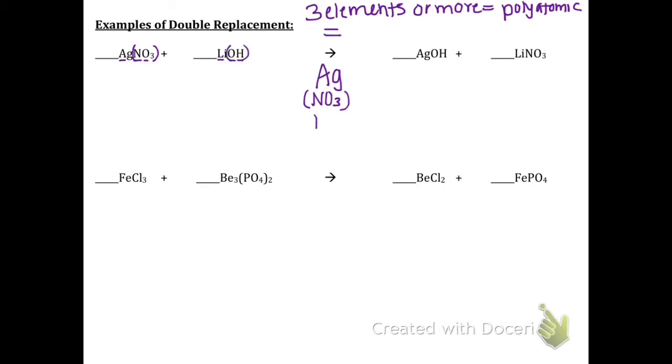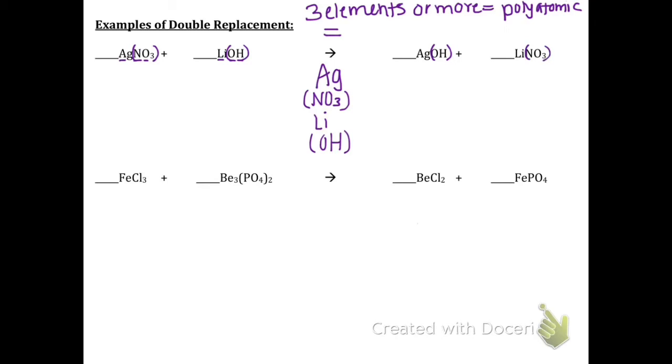So I'm going to write lithium, and my other polyatomic is hydroxide. So we want to keep those together. So here I'm just going to make my parentheses so it's easier to count and easier to count over here.